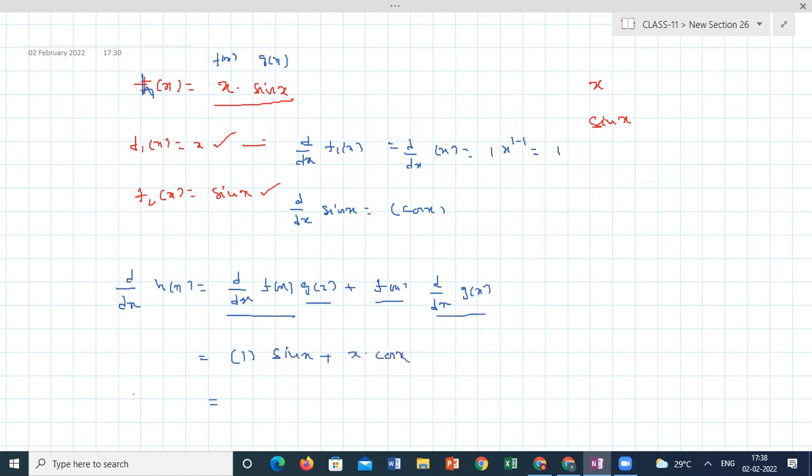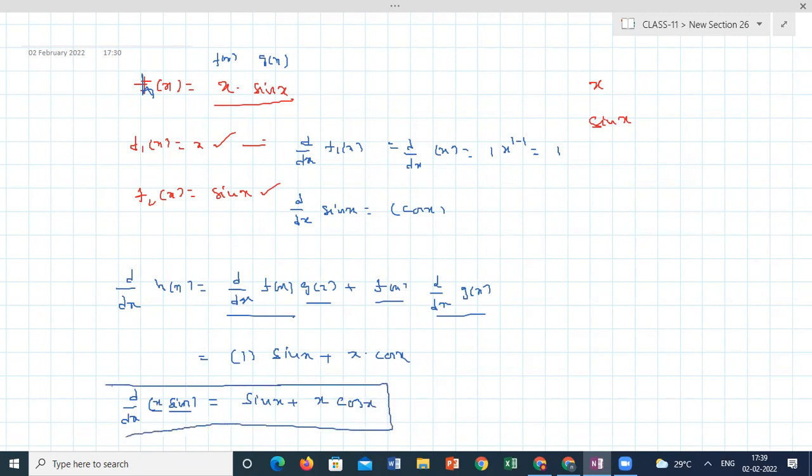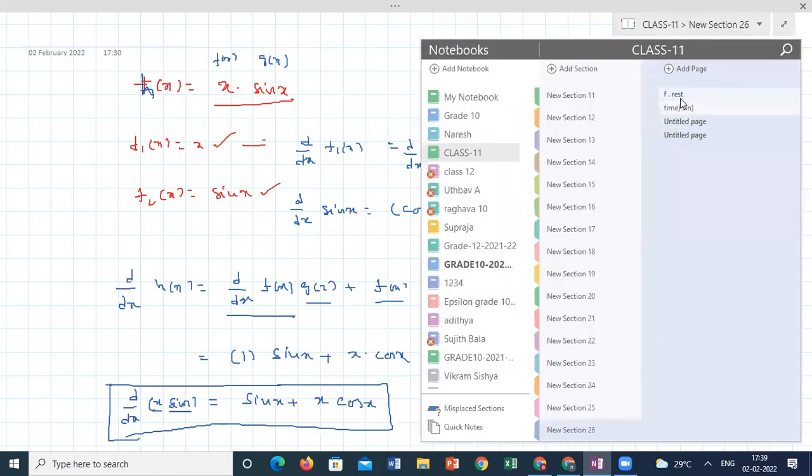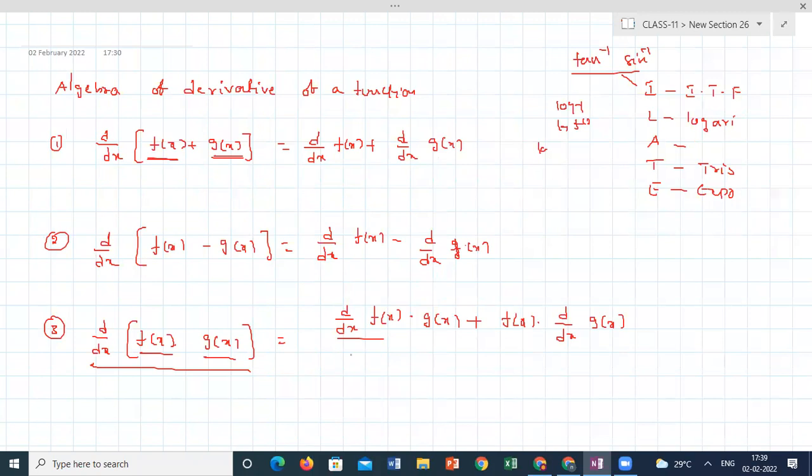So the answer of differentiation of x into sin x, a product of algebra and trigonometry, is sin x plus x cos x. Is it clear how to apply the product rule? This formula is called the product rule.